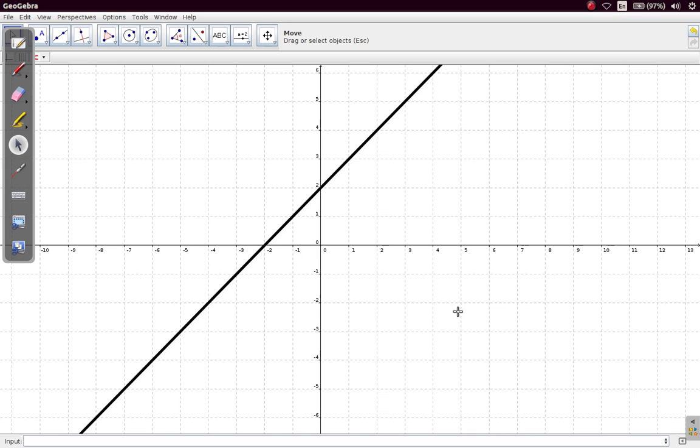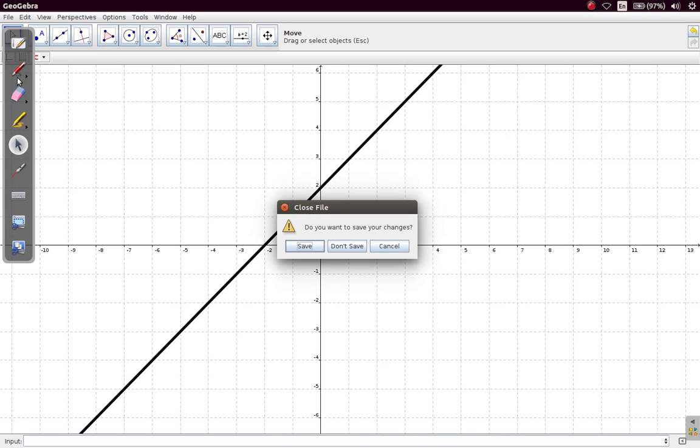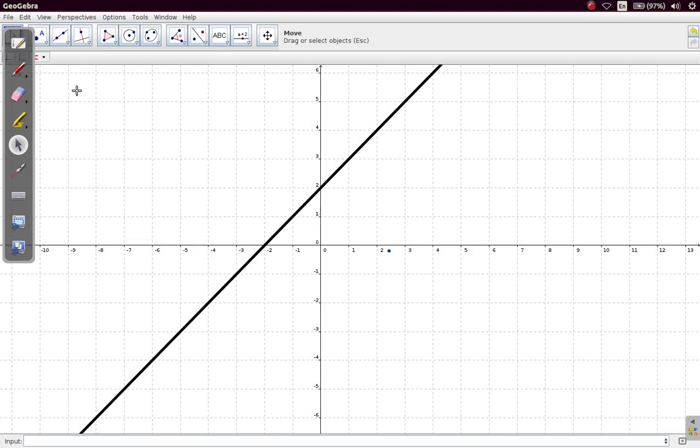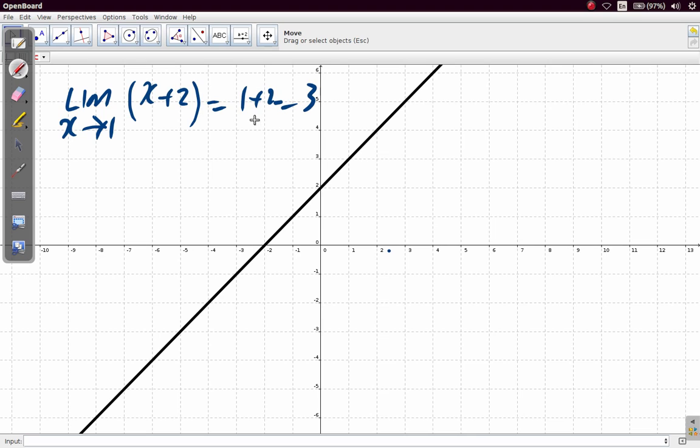In this case, the limit as x tends to a number, for example 1, as x tends to 1 of x plus 2 is equal to 1 plus 2, which is 3.